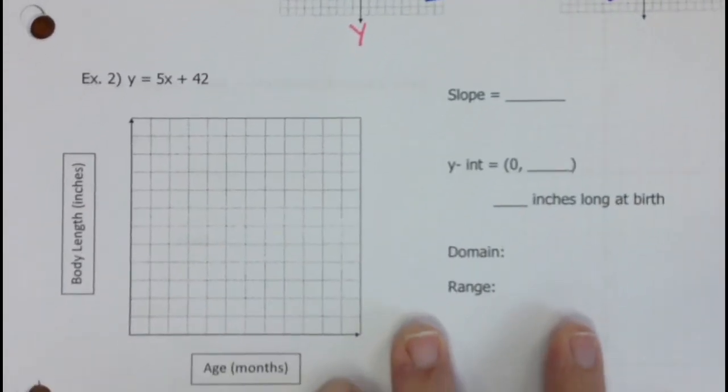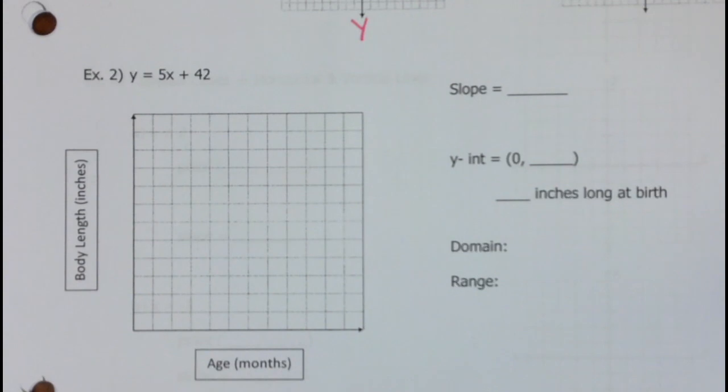Example 2. It says y equals 5x plus 42. I believe it's talking about length and stuff, but I want to read the context because this is probably one that on your assignment will be like a word problem.